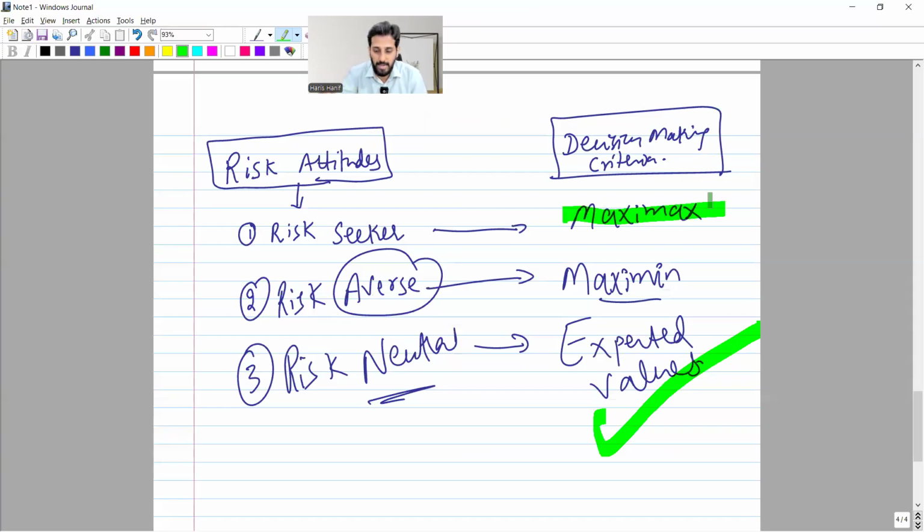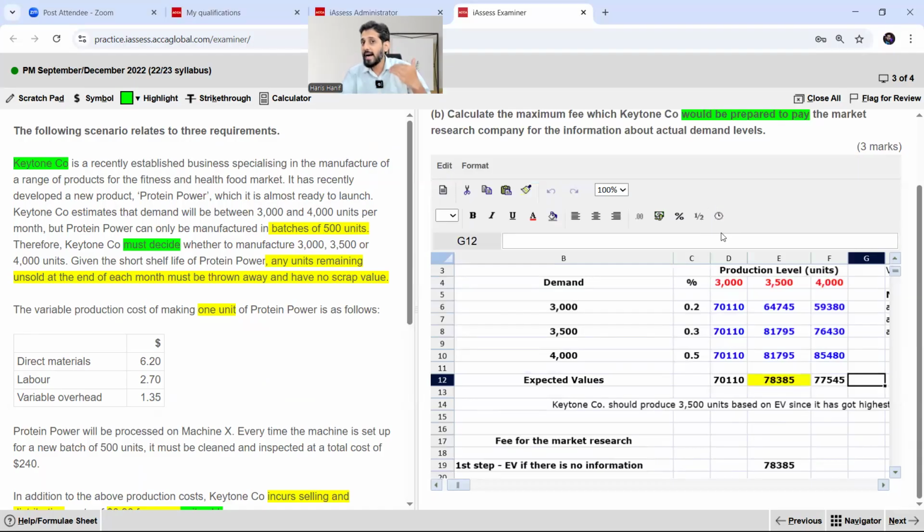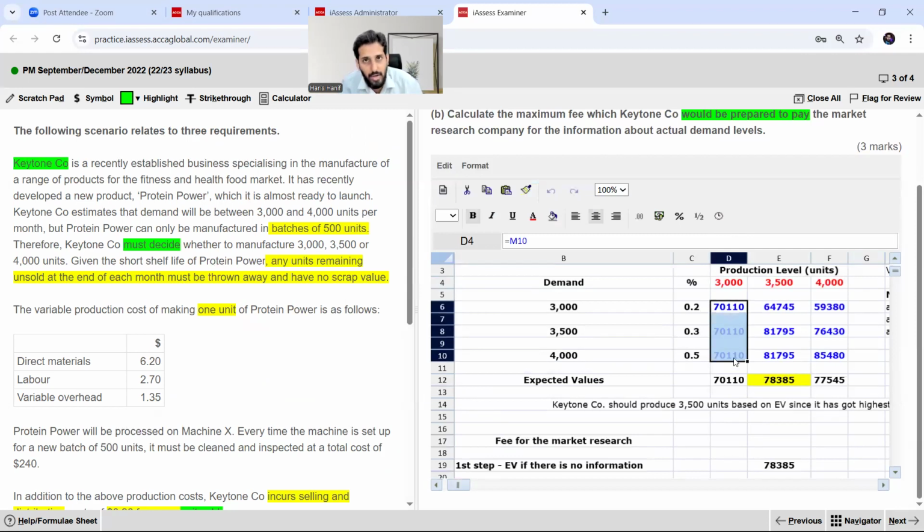But maximax, what is maximax? If I am the risk seeker, I will be going towards the very best outcome. Now see how you identify the best. If the production level is 3000, the best is 70,000. If the production level is 3500, the best is 81,000.